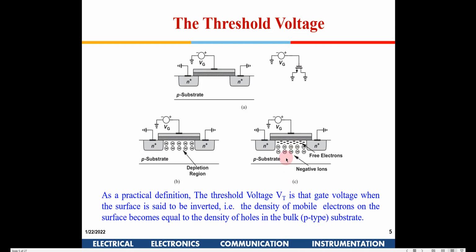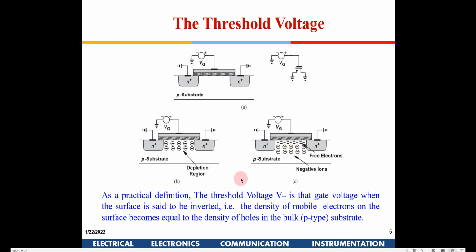For example, if my substrate has a hole density of 10 to the power of 15 per centimeter cube, then VT is that voltage at which the density of electrons in this channel will be 10 to the power of 15. If the substrate is 10 to the power of 16, then VT will correspond to 10 to the power of 16 electron density here. Is this aspect clear to all of you? What is the threshold voltage?